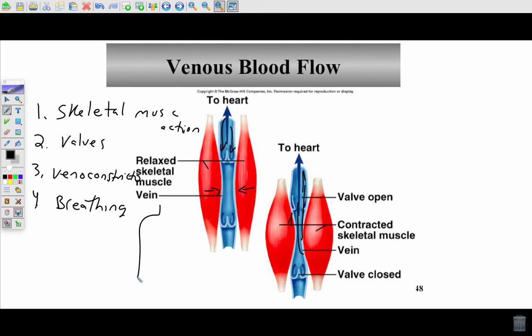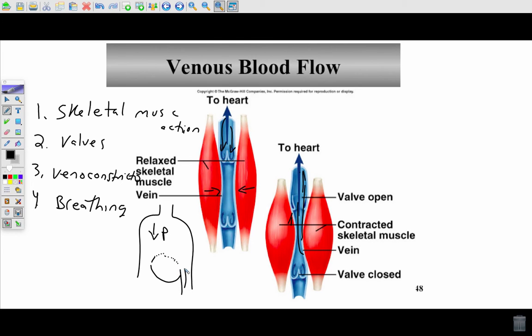Because as we breathe, well, this will be a picture of our thorax. As we breathe, our diaphragm, which before we breathe in is up like that, lowers when we take in a deep breath and pushes into our abdomen. When that happens, it decreases the pressure in our thoracic cavity.